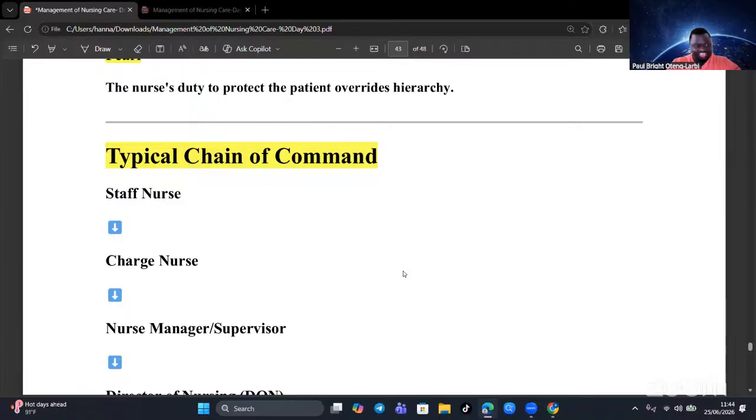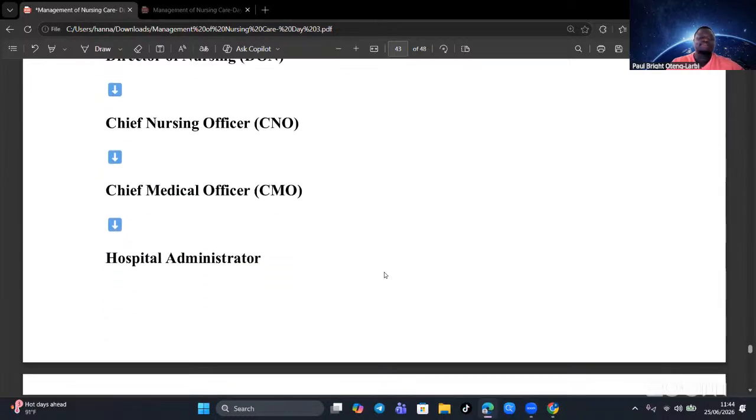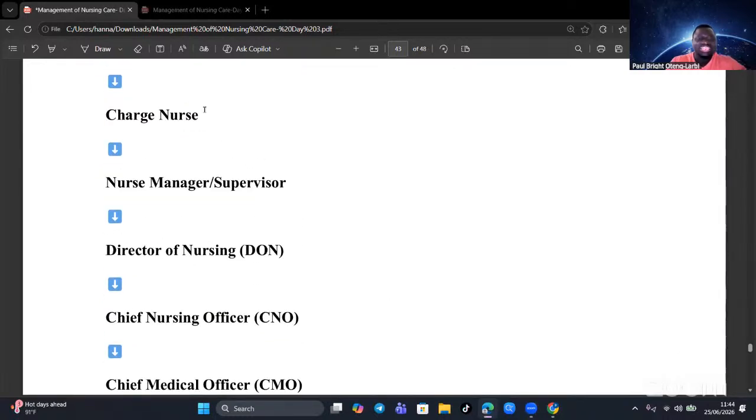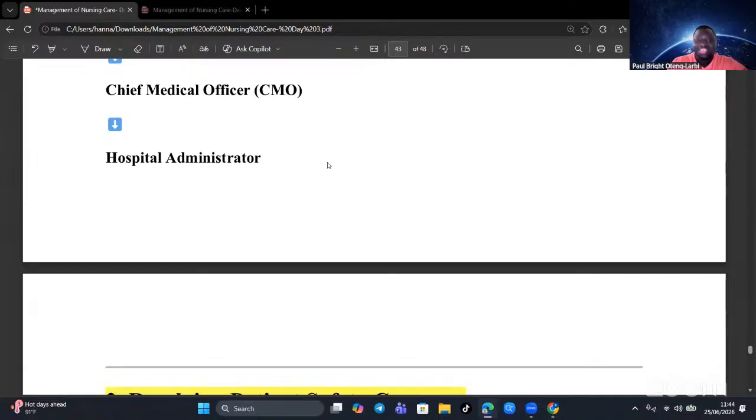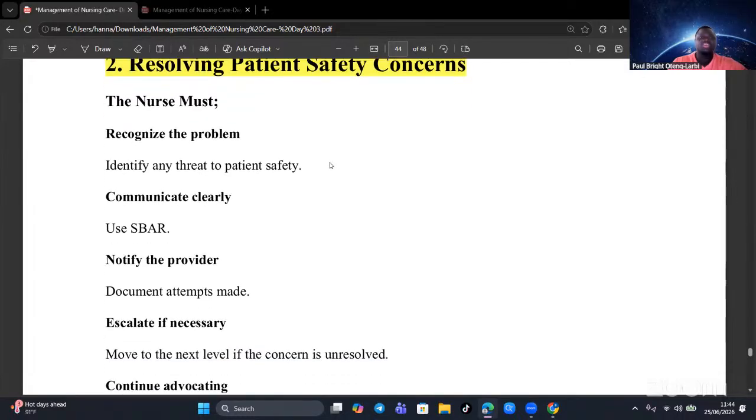The charge nurse should be on duty, whether night or day. So you are the charge nurse. You serve as a manager and serve as everything. The hospital administration will close on weekends and at night. So you are everything.